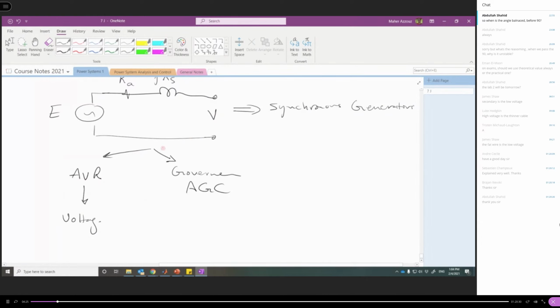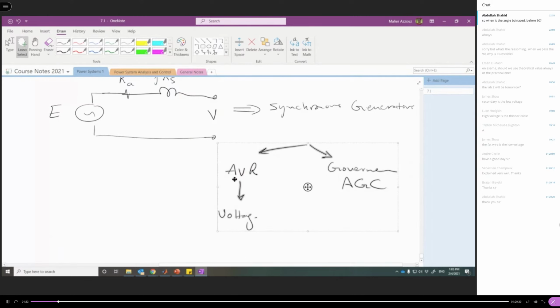So basically, what we do here, if I move this part, let's move it here. This AVR measures the terminal voltage and compares it with a reference voltage, V reference. The AVR controls the DC voltage applied on the rotor windings. We know that there is a DC winding here.